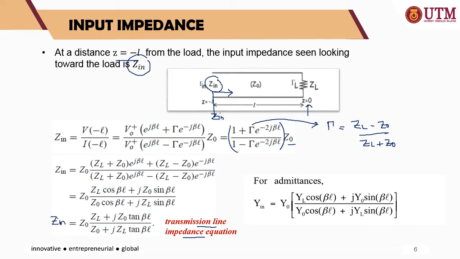So what the Zin or the input impedance will be depends on the load and also the distance. Alright, so in terms of the admittance, we can represent the equation by using Yin equal to the following equation.